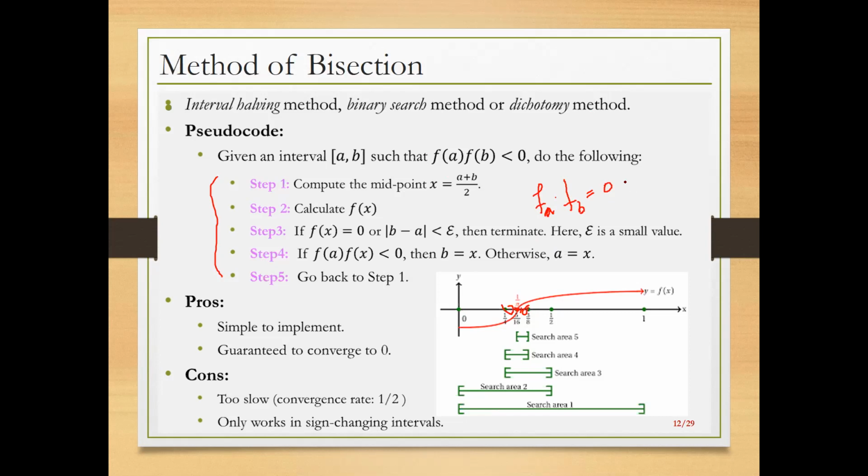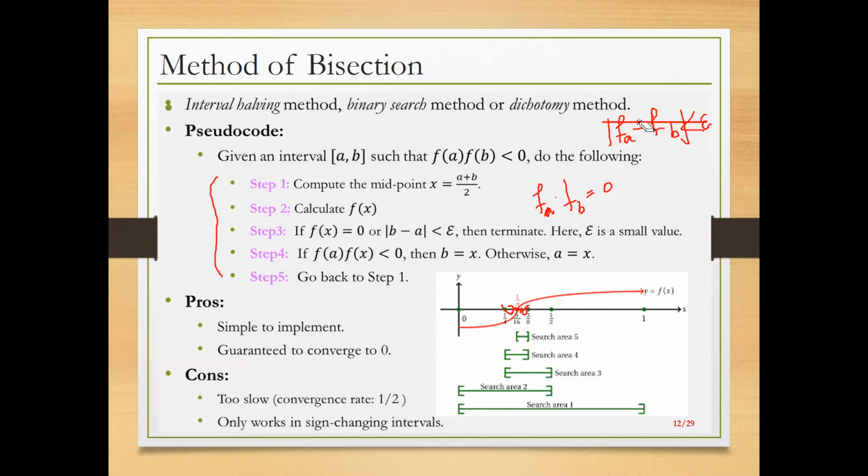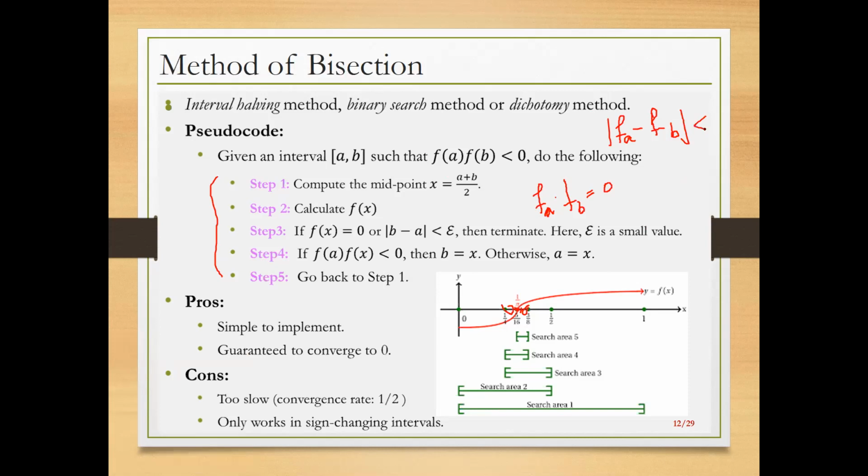Another case is when the absolute value of the difference between f of a and f of b is less than or equal to some very small value, say epsilon.